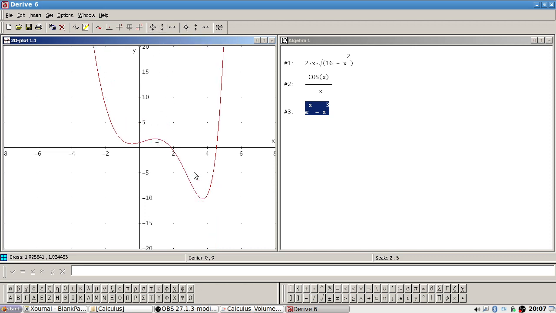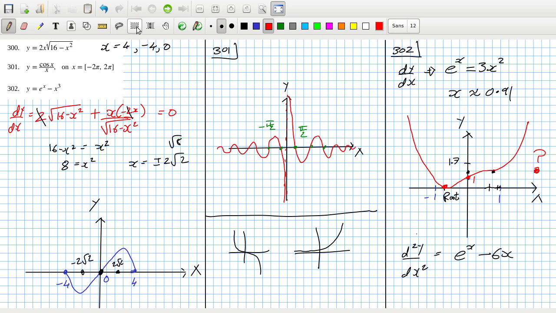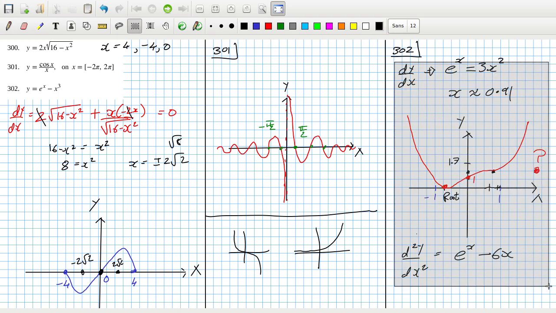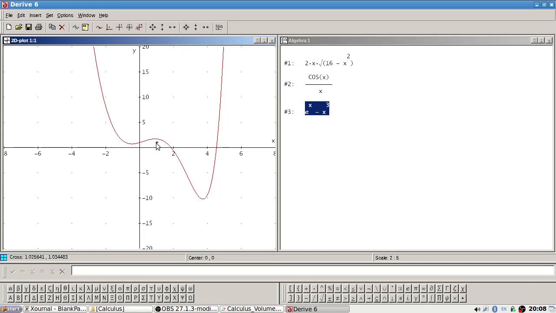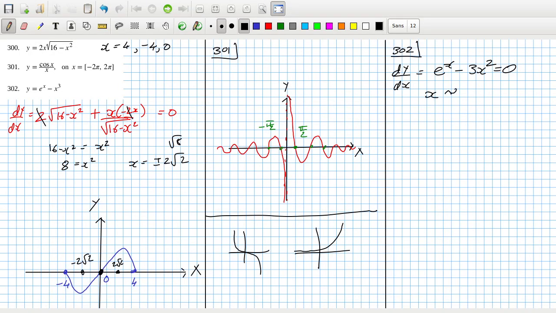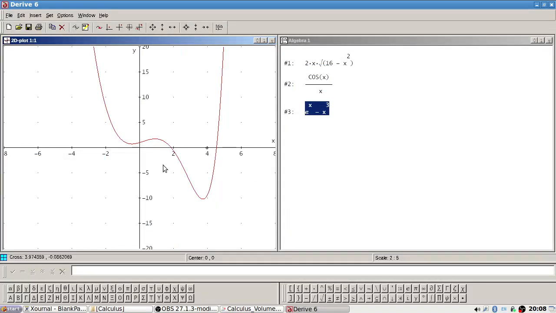There's a second turning point that I can't get because the equation is too difficult to solve without using a calculator. Because, okay, so dy/dx equals e to the x minus 3x squared. And for that to equal 0, that looks like it's about, I think it was 0.9 and roughly 1 and 4.